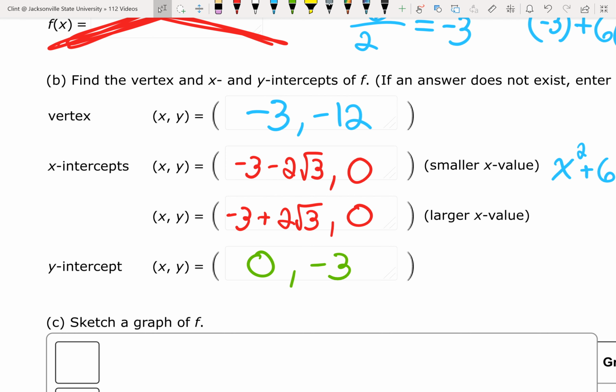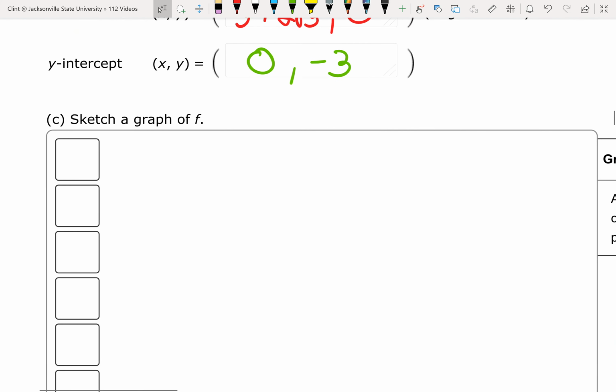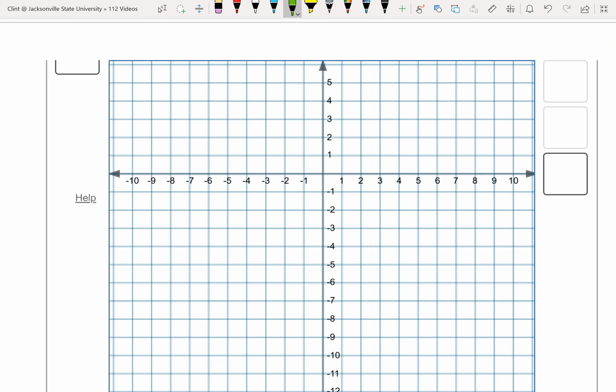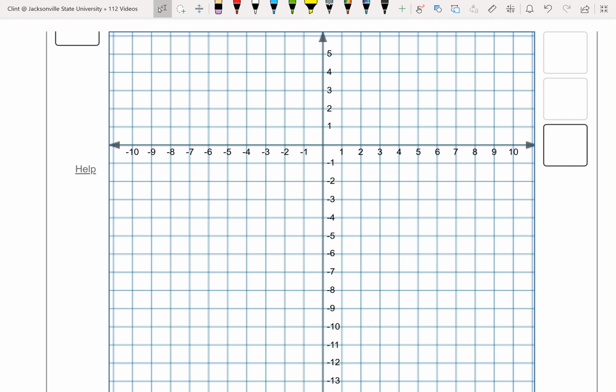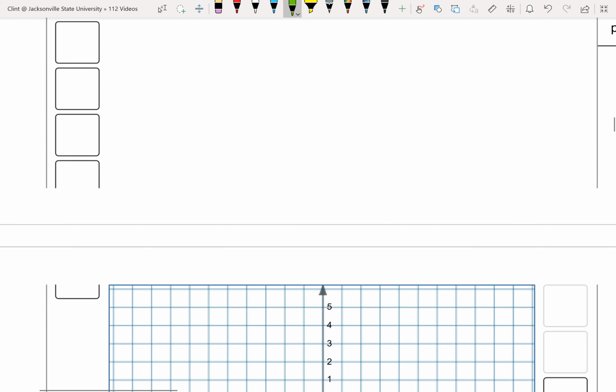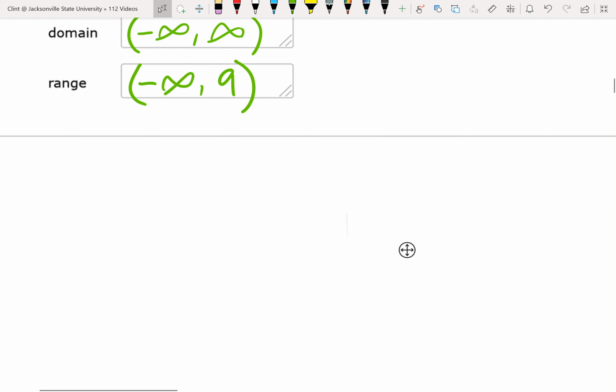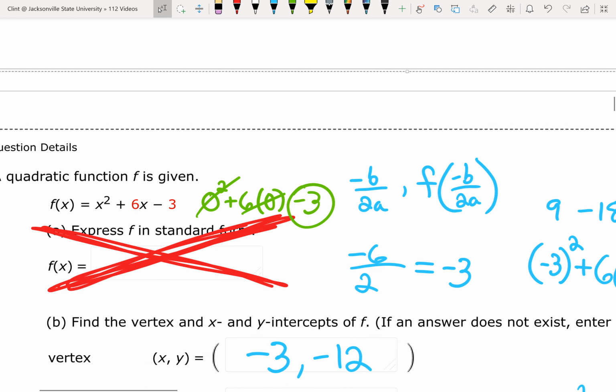our graph. We got negative 3, negative 12. At negative 3, we go down to negative 12. And then this thing opens up. Sorry, my program's been a little glitchy here. Scrolled way too far.